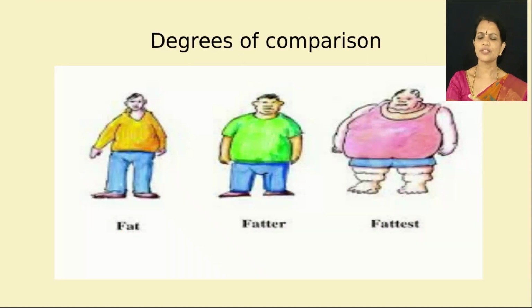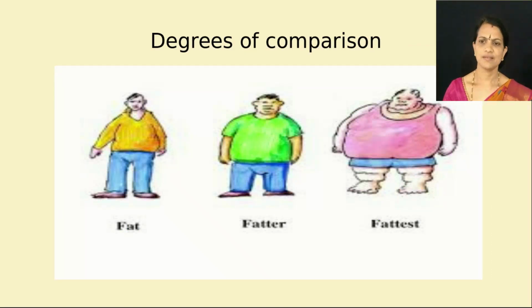Students, here we have some more examples through pictures. Dear students, here we can see the pictures fat, fatter, fattest. Let's name them fat A, fatter B, fattest C. When we compare, we use fatter.